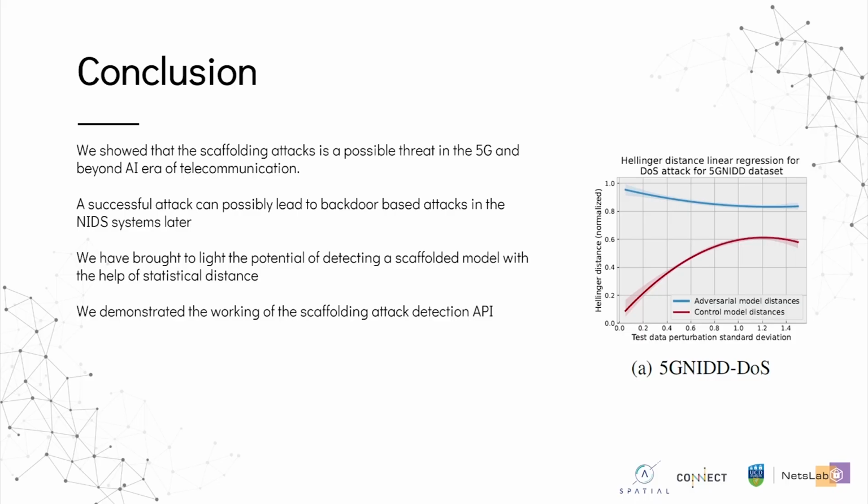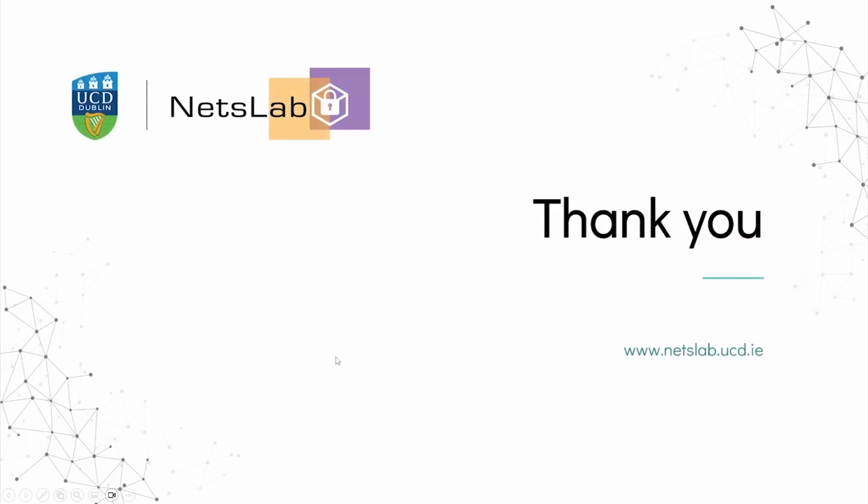And we showed that this attack is successful in a network intrusion detection system, and the detection of this attack is also possible with a simple technique that we introduced. And finally, we demonstrated the working of an API used to detect the scaffolding attacks of a model that the user can upload.